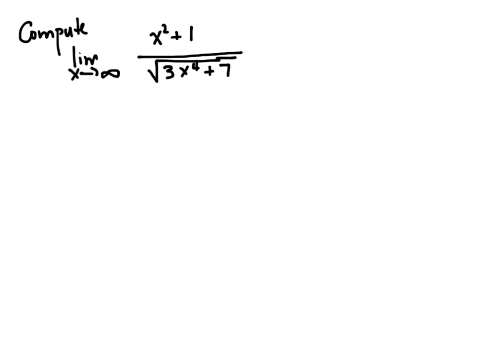And here we're going to basically do the same trick, but we're going to take advantage of what we know about square roots. So what we want to do is factor out, again, the largest power of x in the denominator. If we ignore the square root, that would be x to the 4th, but we can't forget that we have a square root there.